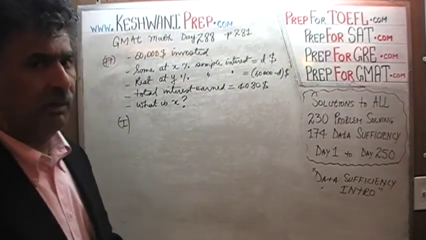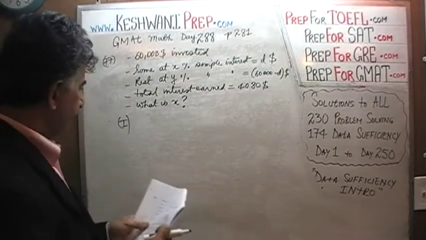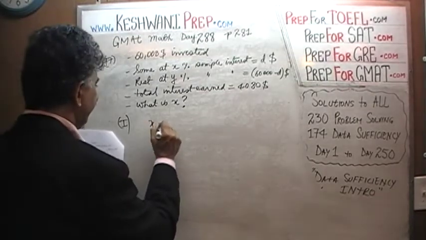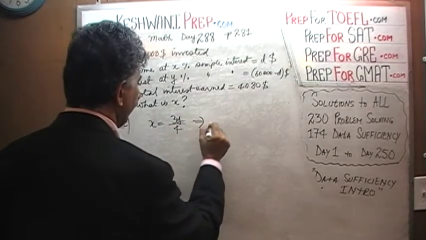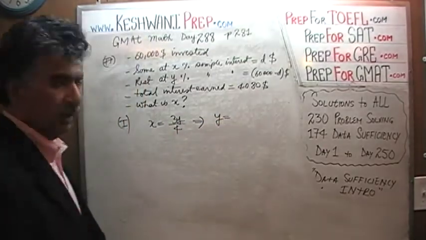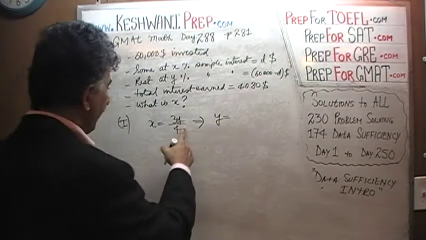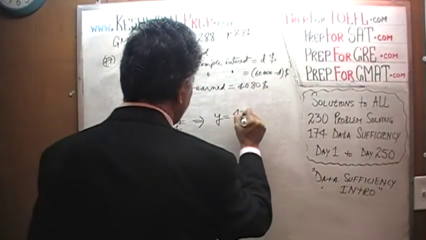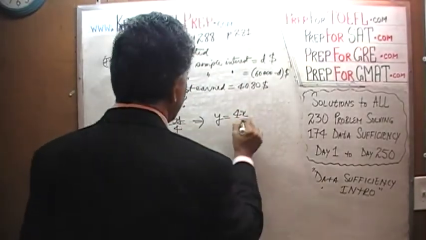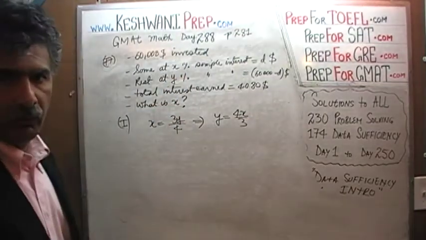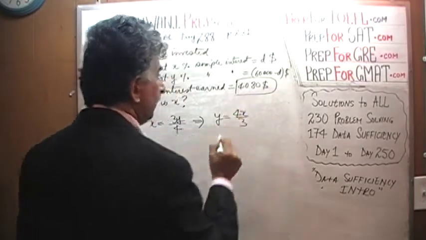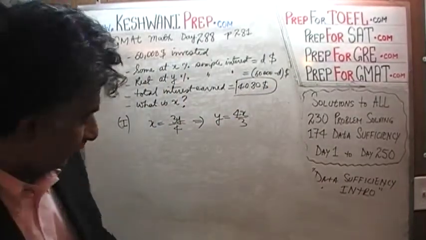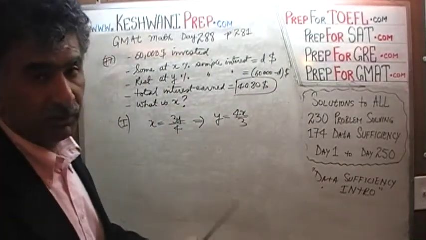You just have to be able to tell whether or not there is sufficient data. The first statement tells us that X equals 3y over 4. Well, if X equals 3y over 4, that implies that y must be 4 times x over 3. Now, we know that the total amount of interest that we earn is $4,080. You can probably already figure where we're going with this.